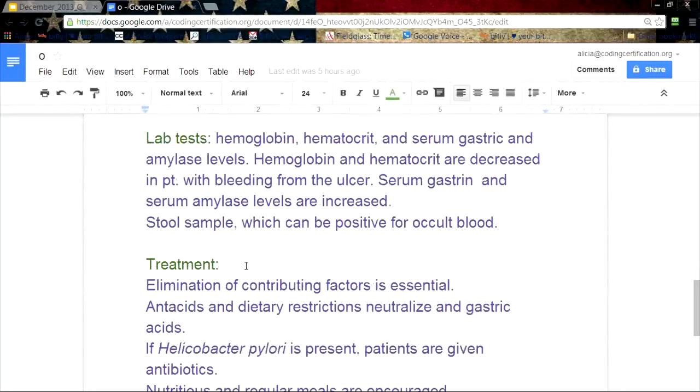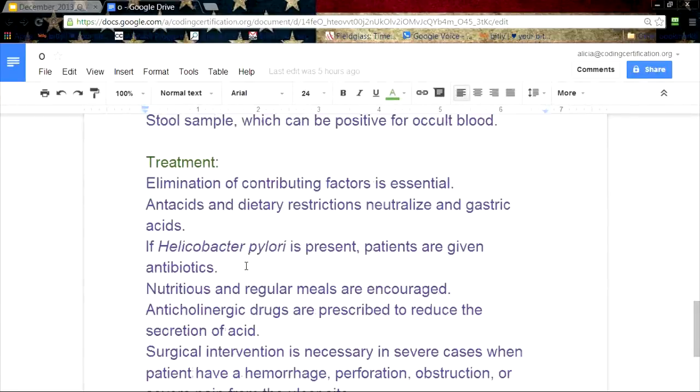Now, the treatment, what are they going to do to treat it if you are diagnosed with a gastrointestinal ulcer? Well, really the main treatment is treating the signs and the symptoms, but they're going to try to eliminate the contributing factors. They're going to give antacids and dietary restrictions to neutralize the gastric acids.